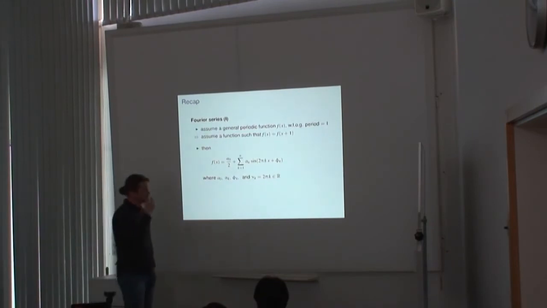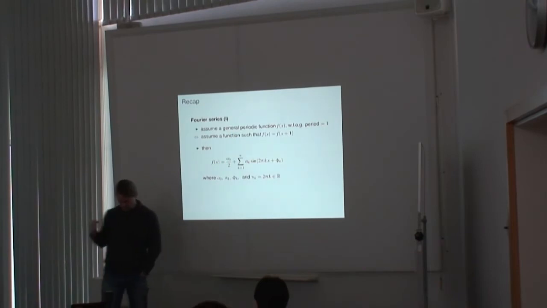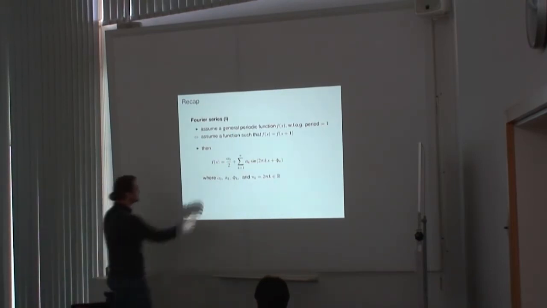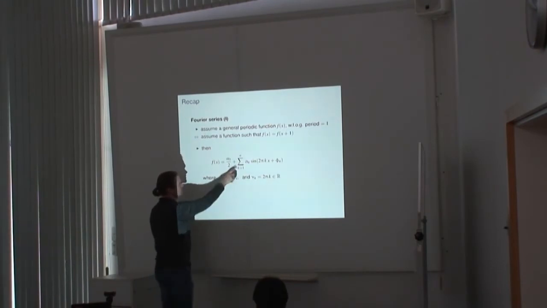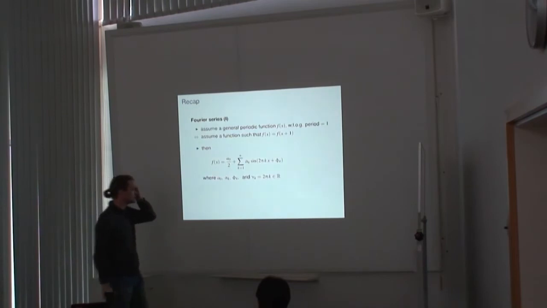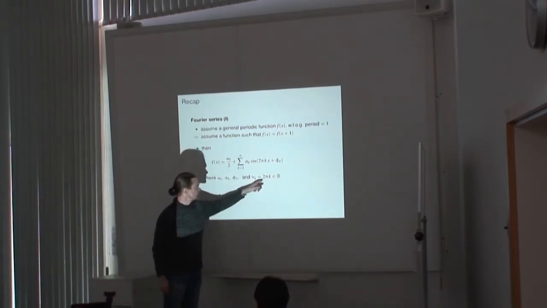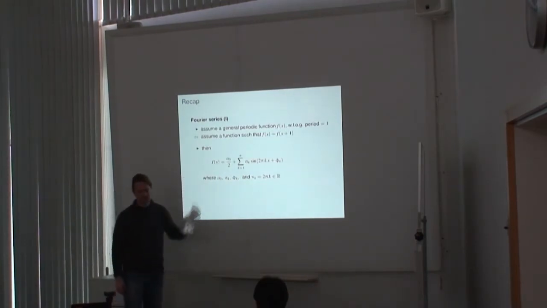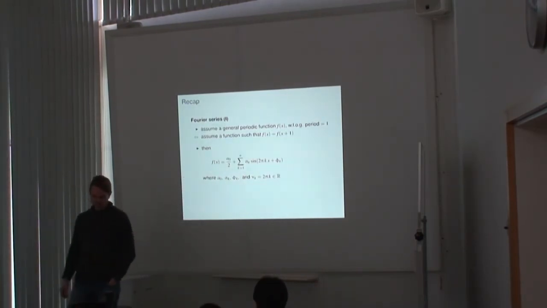And the important thing to note here is that all the coefficients, all the parameters in this expression here, that is the a naught, the alpha k, the phi k, and the nu k, which is a shorthand for 2 pi k, all these ingredients here are real numbers.